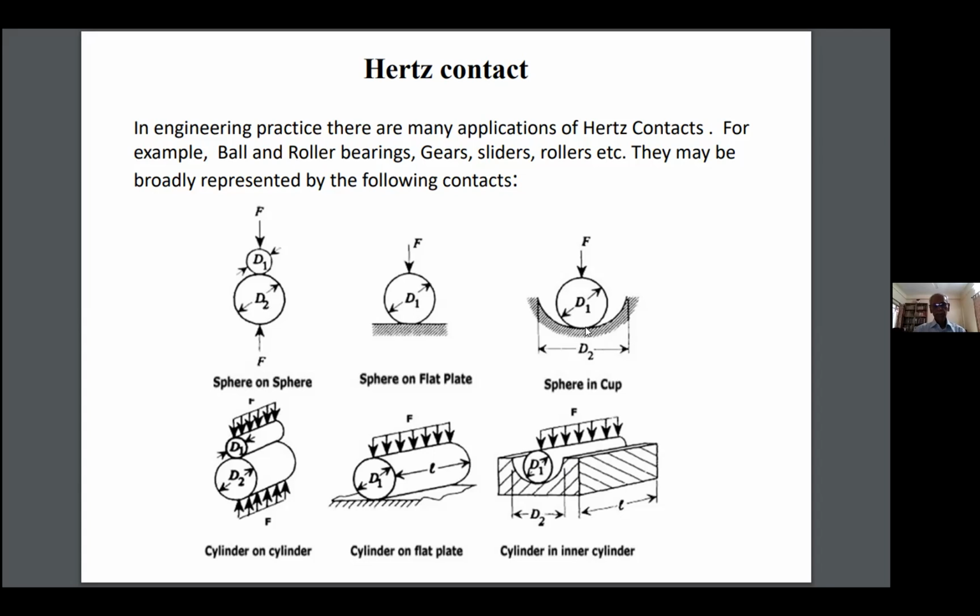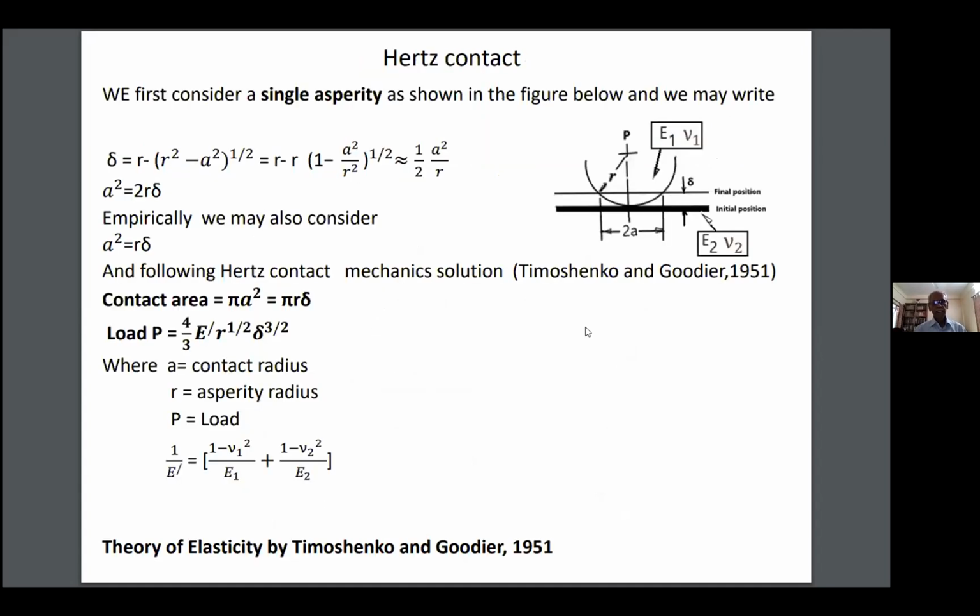So these are the typical examples of many contact problems that we often face and try to analyze. So with this, we need to go ahead and see how we can analyze this.